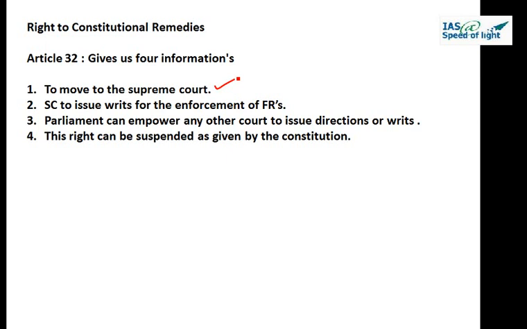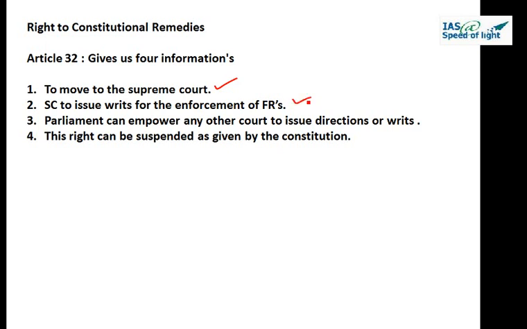Part 2 says the Supreme Court shall have power to issue directions or orders or writs, including writs in the nature of habeas corpus, mandamus, prohibition, quo warranto, and certiorari, whichever may be appropriate for the enforcement of any of the rights conferred by this part. So it says the Supreme Court can issue different writs, which we'll study, for the enforcement of the fundamental rights.